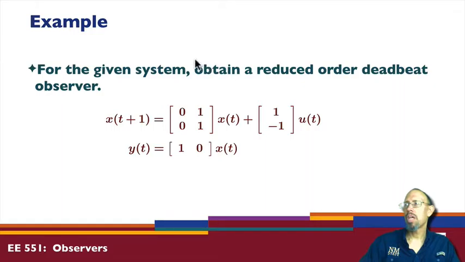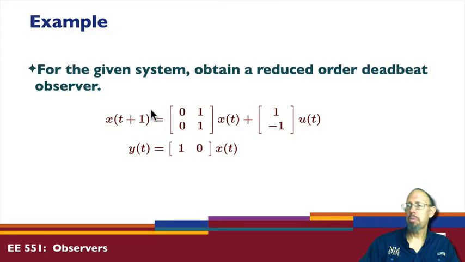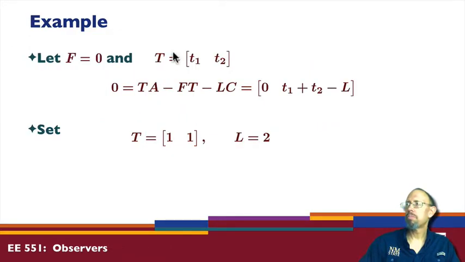Now for the given system, we're asked to obtain a reduced order observer. A full order observer would use the A minus LC matrix, but now we're asked to do a reduced order observer. In this case, since there are 2 states, a reduced order observer is going to have fewer than 2 states, so 1 state. The A matrix for the observer is F, and in order for it to have eigenvalues at the origin, we choose F equals 0.